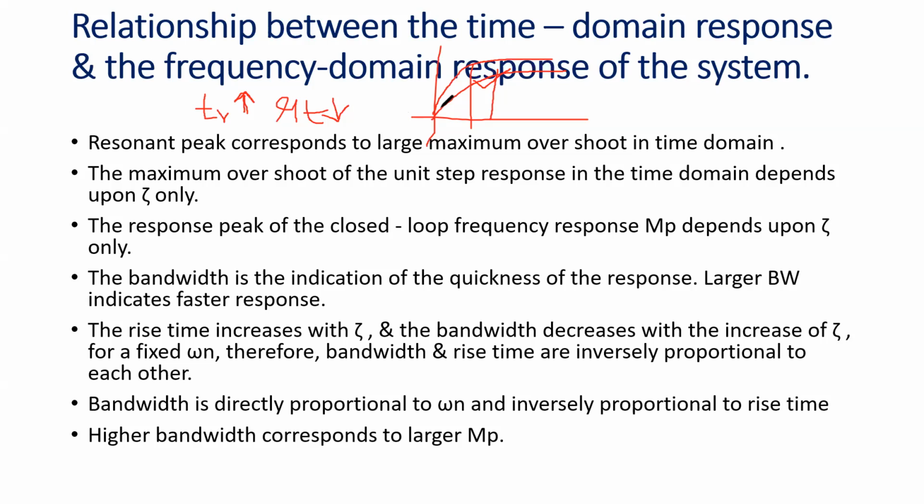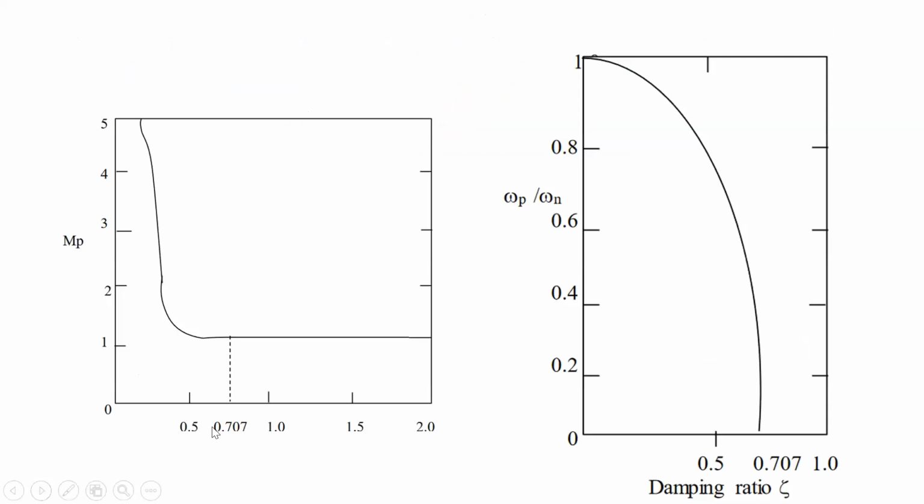We can have a look at this. As the zeta value increases, MP, the overshoot value, goes on decreasing. What is MP here? It is the resonant peak. MP represents the resonant peak and goes on decreasing.